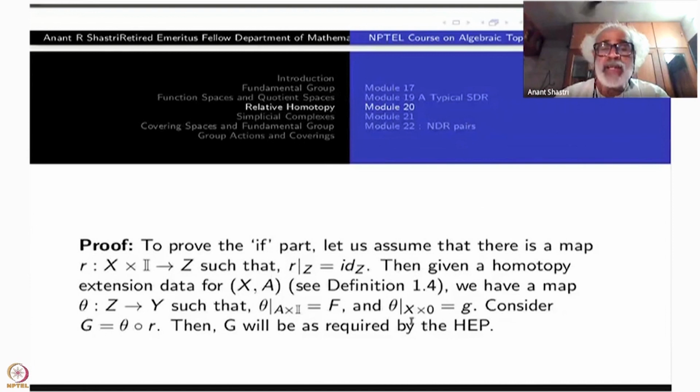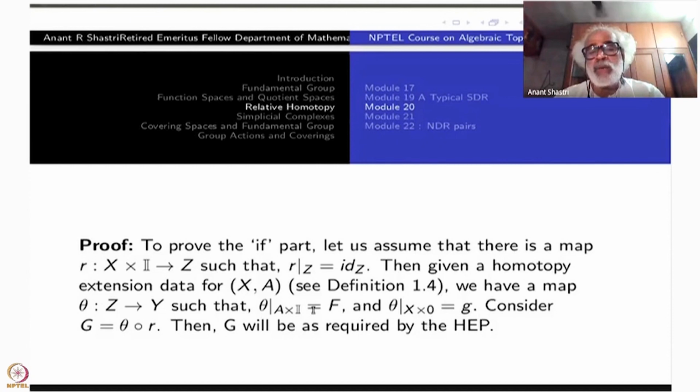On the intersection, namely A cross 0, the capital F agrees with G, because G is an extension of that map F on A cross 0. Okay, as a function, it is well defined. But why is it continuous? You need some hypothesis, namely, if A is closed, then the intersection, namely A cross 0 here of these two, will be a closed subspace.